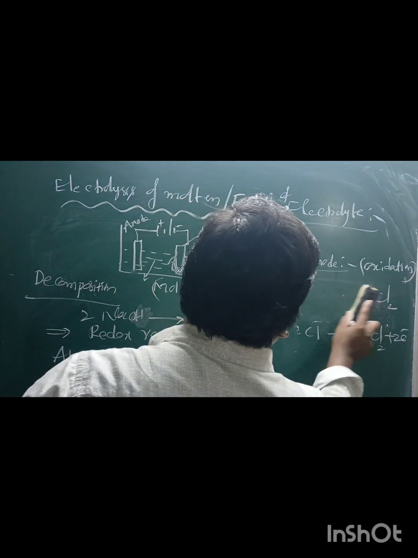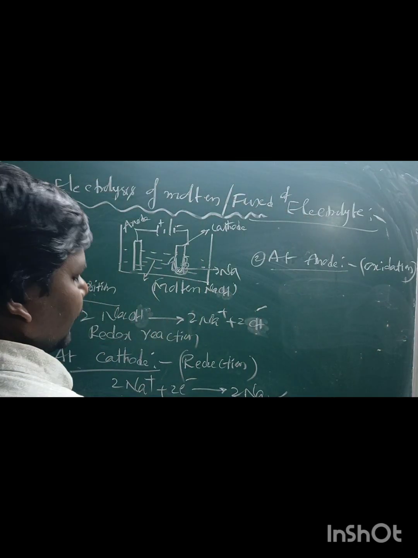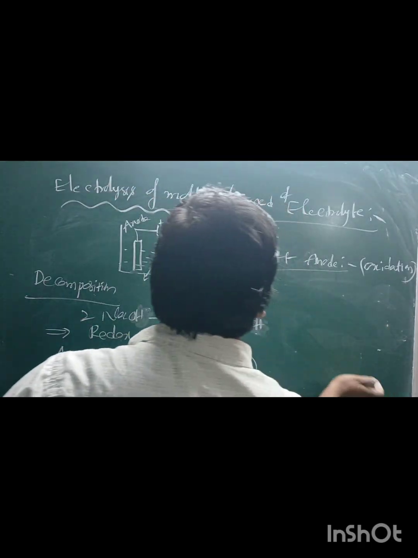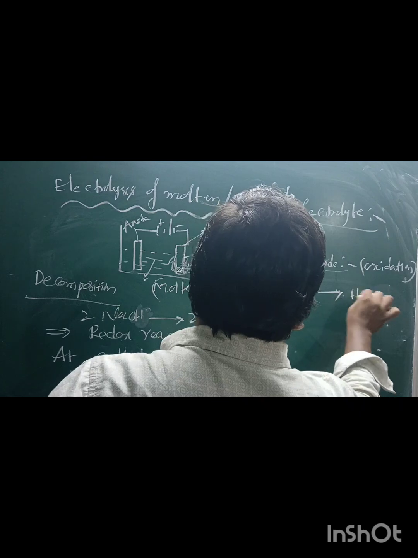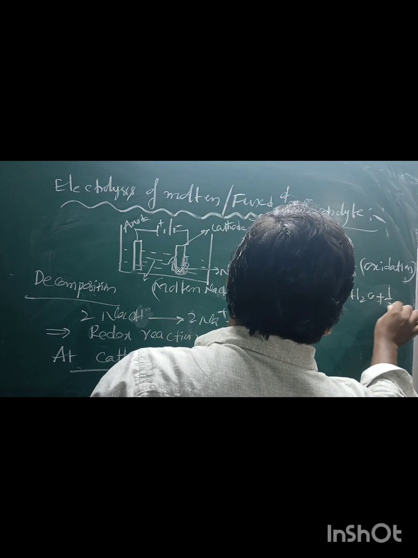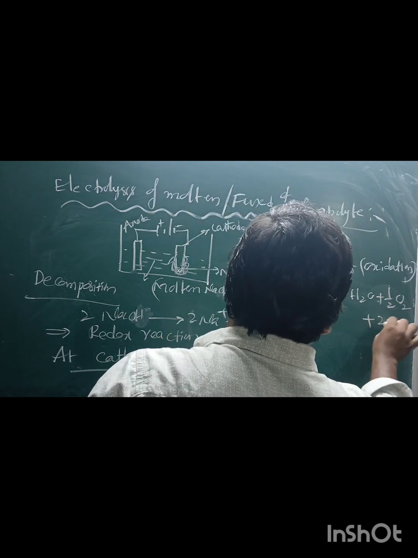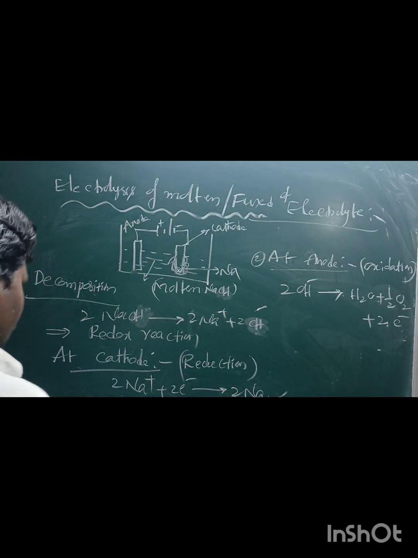OH minus ions are there. Two OH minus ions form H2O plus 1/2 O2 plus 2 electrons. At the anode, oxidation takes place. Oxygen gas is liberated.